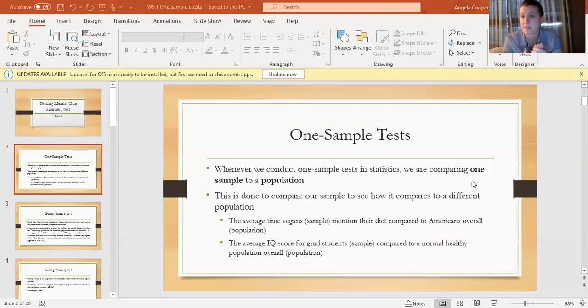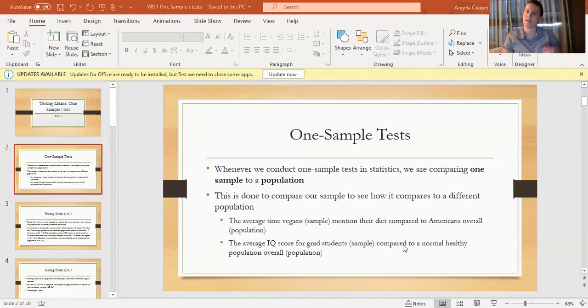Same thing for the grad students, where we were looking at the overall IQ scores for grad students. 100 grad students was our sample, and we compared it to the normal healthy population overall. And remember, with z-tests, we only have a sample of 100, so we want to extrapolate this information to the population of vegans, not just these 100, but all however many millions of vegans there are.